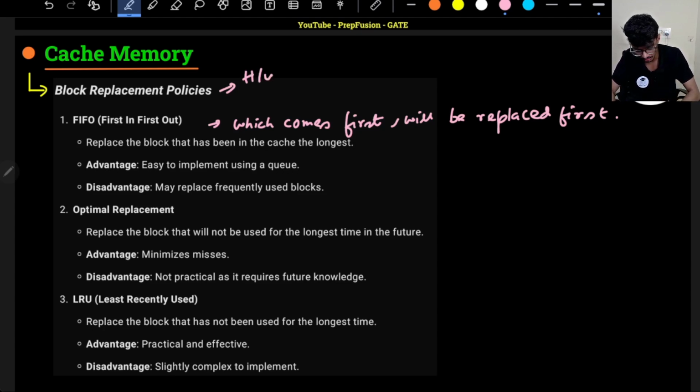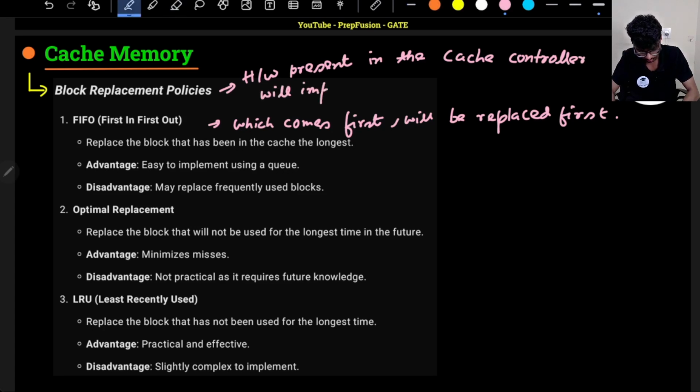A hardware present in the cache controller will implement these replacement policies.